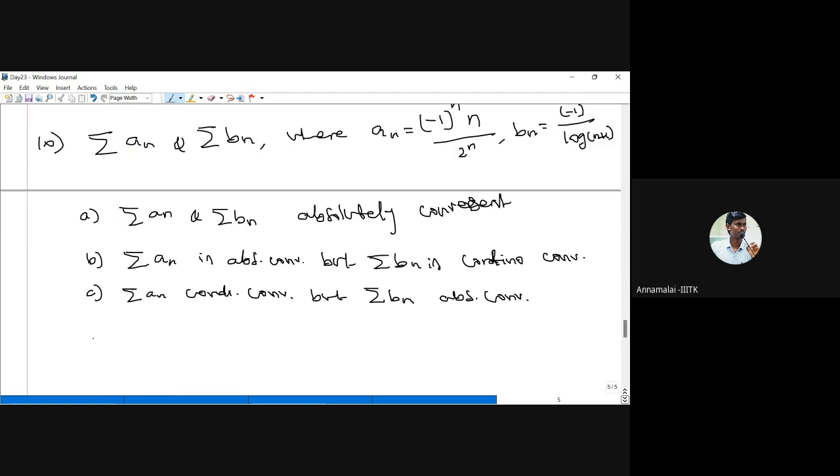The last option: both summation an and summation bn are conditionally convergent.